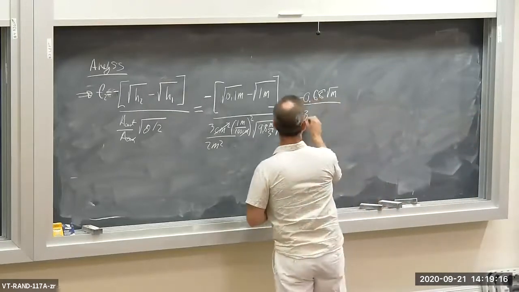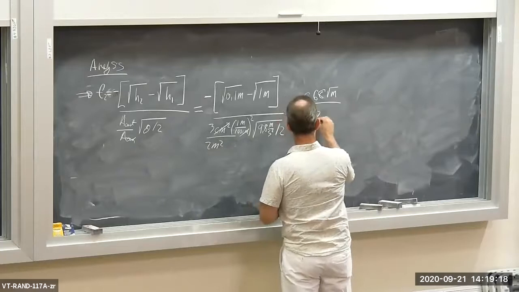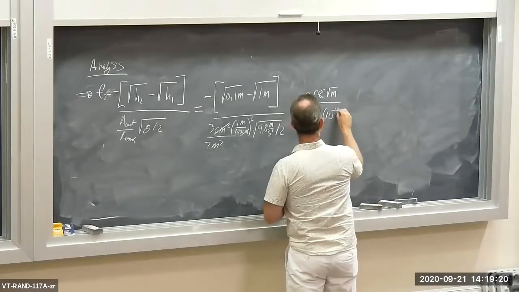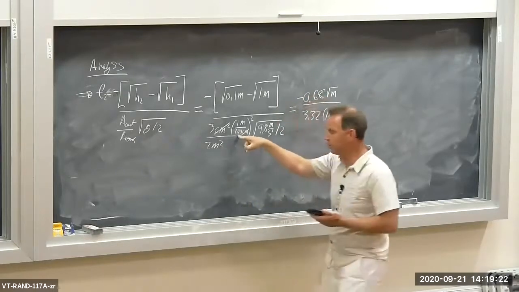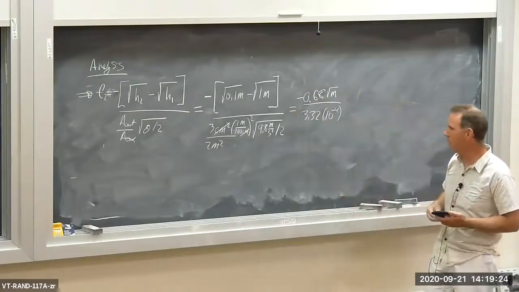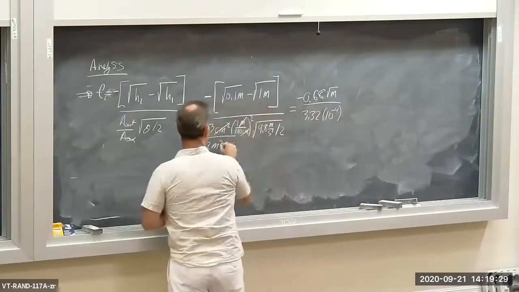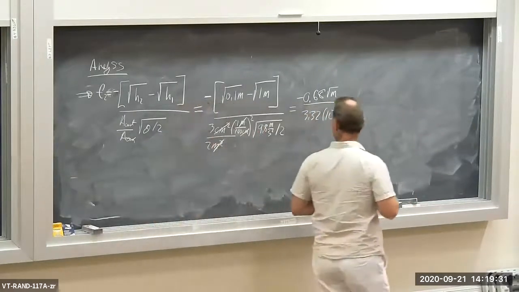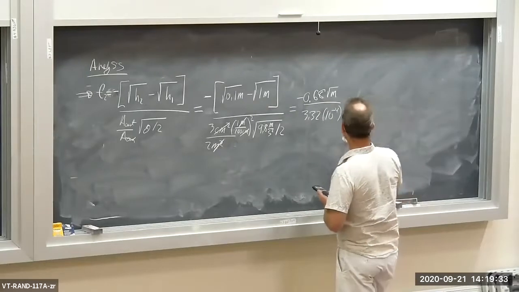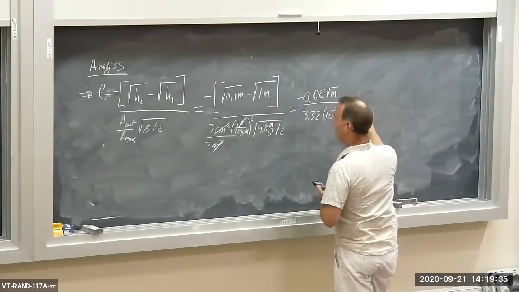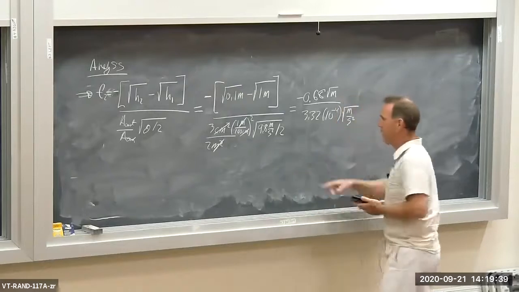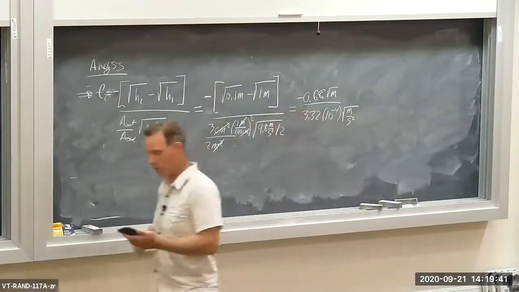So I get 3.32 times 10 to the minus 4. That's the 100 squared there, so that's 10 to the minus 4. And the areas cancel out for the units, and I get square root meters per second squared. That comes from the acceleration term with the square root.